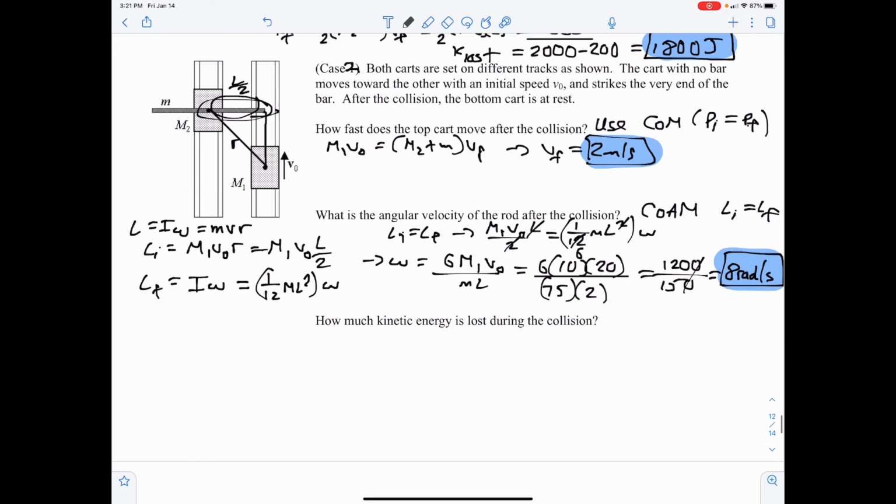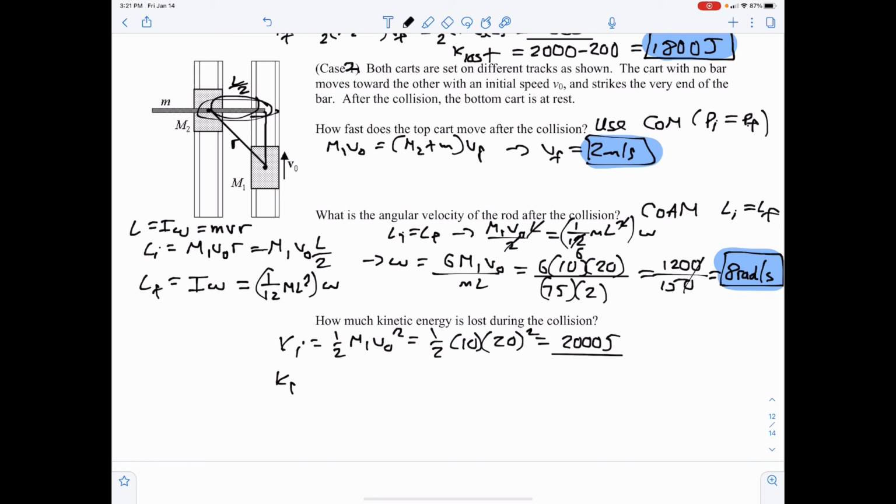Okay, kinetic energy lost during the collision, same idea. Kinetic energy initial is 1/2 times m1 times v naught squared, which is 1/2 times 10 times 20 squared, or 2,000 joules.